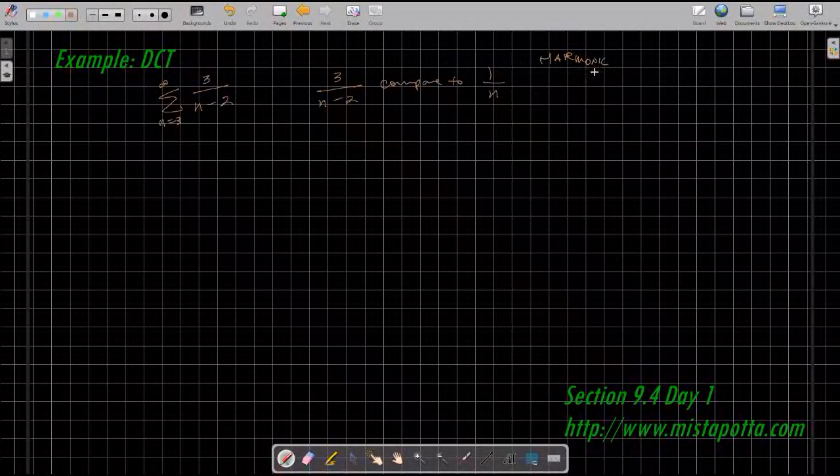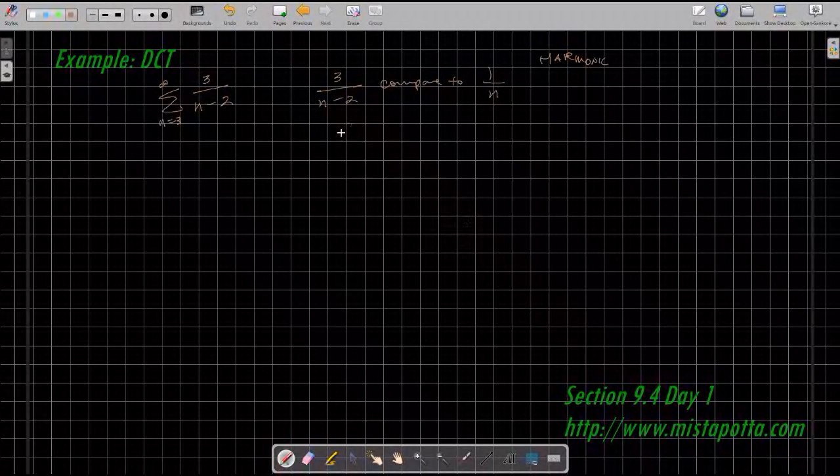And this is the one series that we have to memorize that diverges. And this comparison test is really going to help us understand this divergent quality.